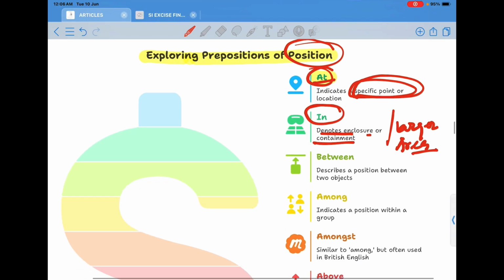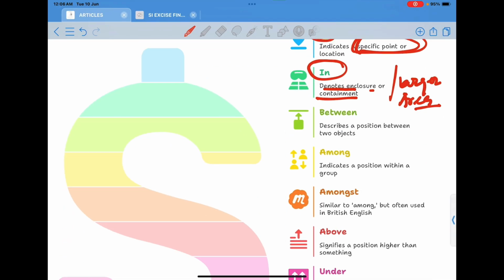Next, between. So basically between is used for two persons or two things. When you will be talking about two different things, persons, anything, for these two you will use between. For example, share these sweets between him and me. Next, among.